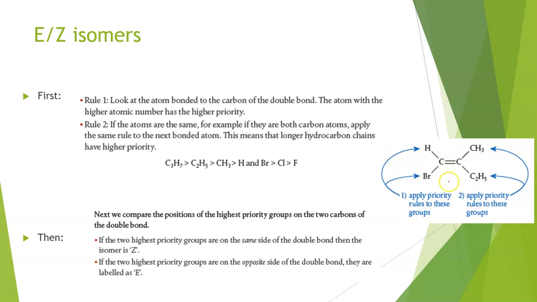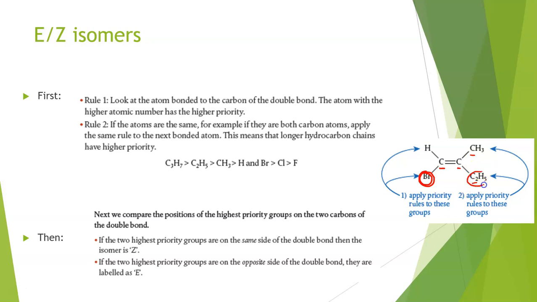So if we look at the example we were looking at before, where we have the bromo, we have our methyl, and we have our ethyl, when we're comparing, we're going to look at the first carbon. We have bromo and hydrogen. Bromo has the highest priority, so we will be looking at it. And then when we come to the next carbon, we have a carbon and a carbon. So we move out to the next one, and the next one for this one will be another carbon versus a hydrogen.